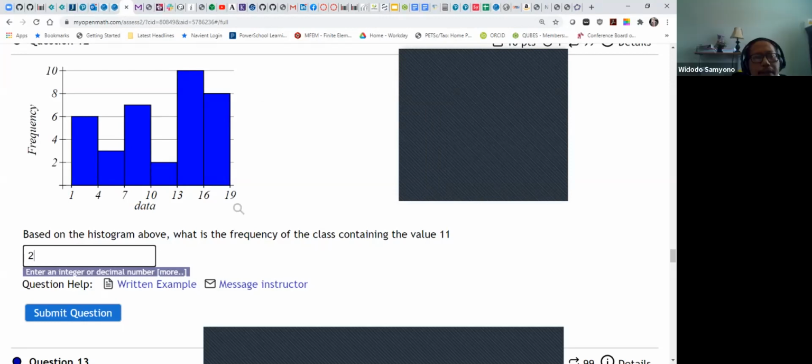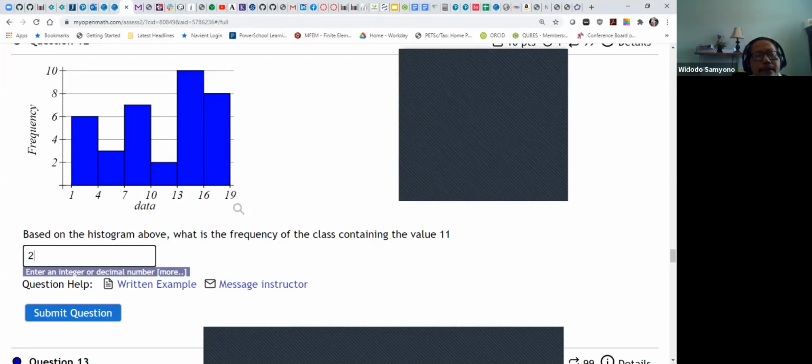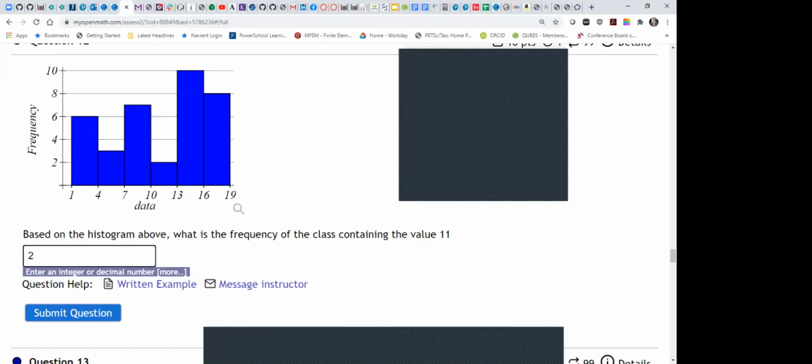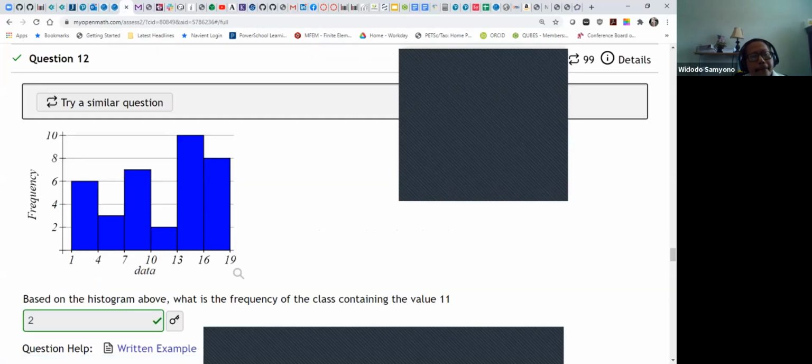No, the frequency will be the height of the bar, on the vertical axis on the left side. So the answer is 2, right? The value is between these two numbers, that means it is in this class. So the class is this interval from 10 to 13 and the frequency is 2. Okay, so it's 2.